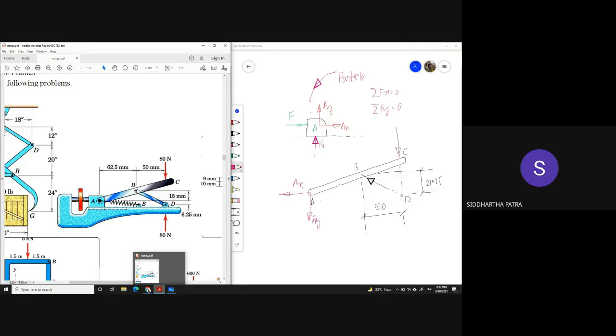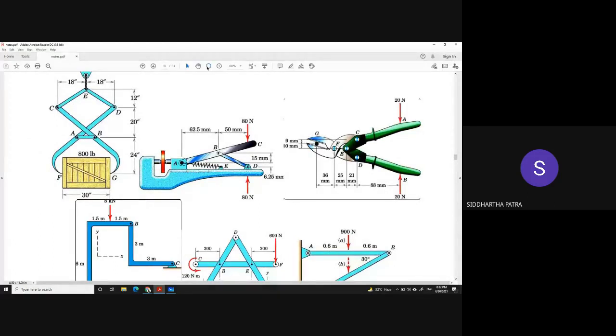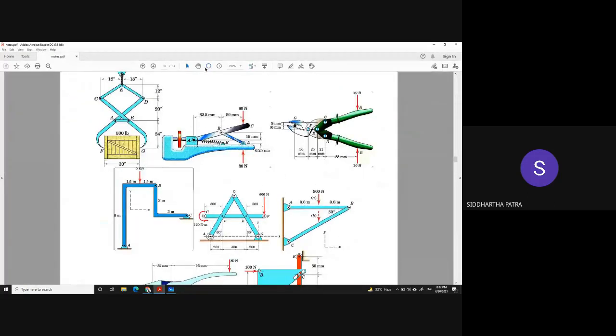So once you write down the equations of equilibrium and eventually solve them, you can actually get the value of the gripping force right there. And I'll actually leave all of these problems. If possible, you can take a screenshot of all of these problems.